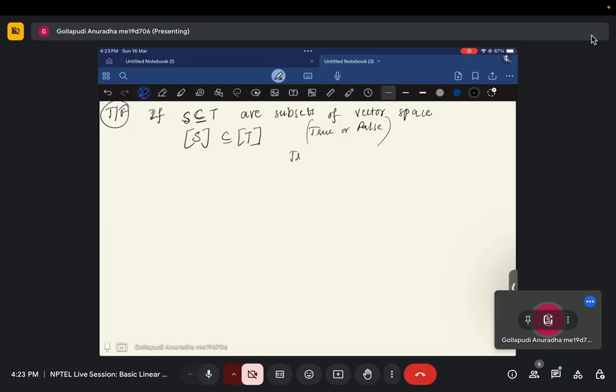We can just analyze this, right? If S is a subset of T, whatever linear combinations of S you are going to do, that's definitely going to be in the span of T. So that's true.